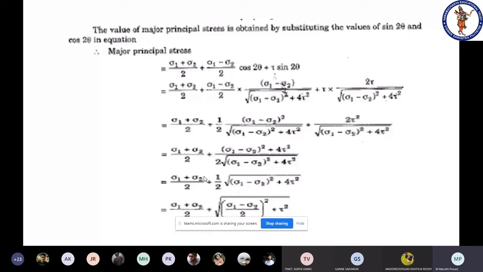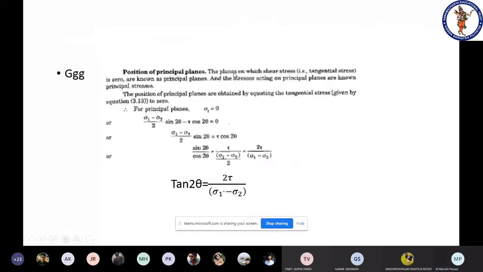We need to get the value of the major principal stress. In order to get that value, we go for the equation sigma 1 plus sigma 2 by 2 plus a term, where we have that value already. We have calculated the value here.